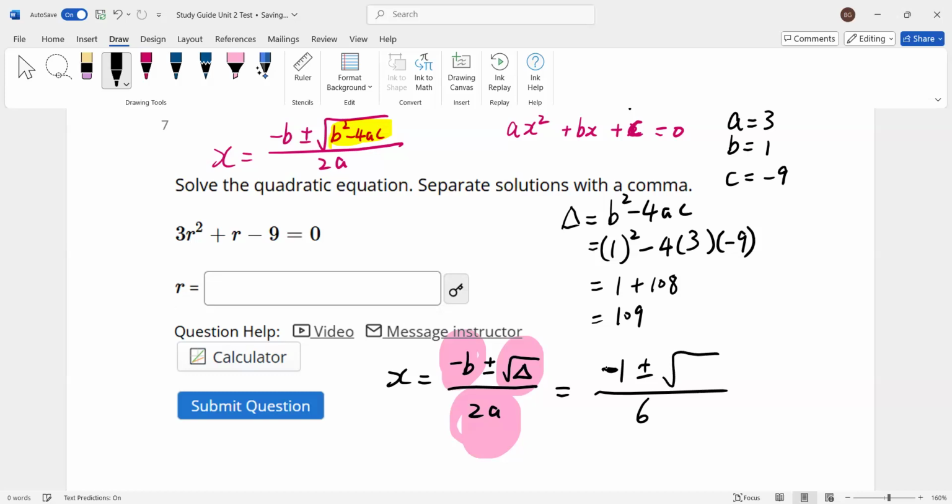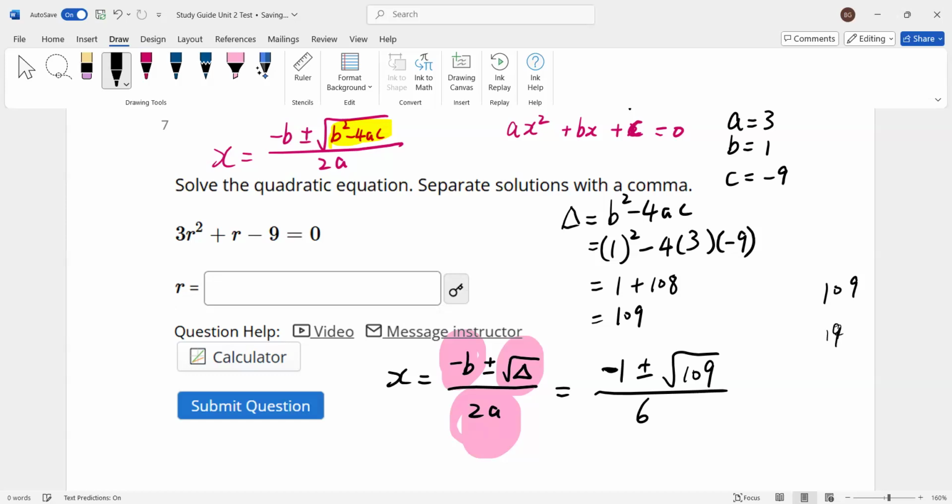The radicand we already found is 109. 109 is not divisible by 2, 3, 4, 5, 6, 7, 8, 9, or 10. 11, no. 13, 14, 15, no, 16, 17, no, 19.